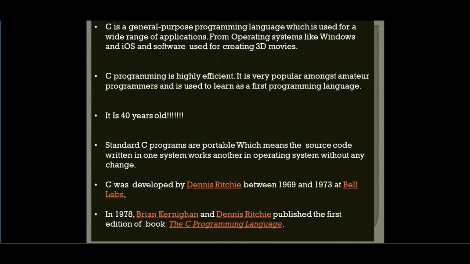Just see the power and the wide range of applications it can be used for, from operating systems to mobile devices to even software that creates popular 3D movies. C programming is highly efficient in terms of memory, space, time, etc. So we're going to learn all of that in the next couple of tutorials.